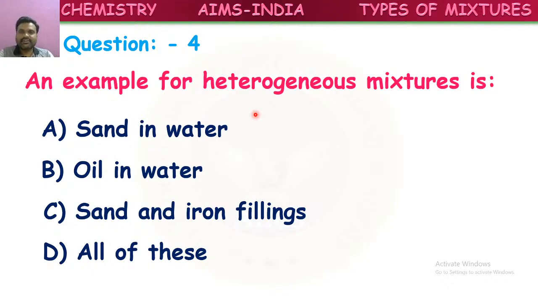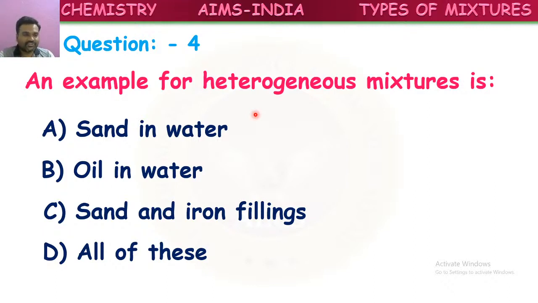The mixture in which the components are not mixed uniformly, or to simply say, the mixture in which components are having visible boundaries, in which we can see the components with our visibility. We can see what kind of components are present in the mixture. Such kind of mixtures are called heterogeneous mixtures.